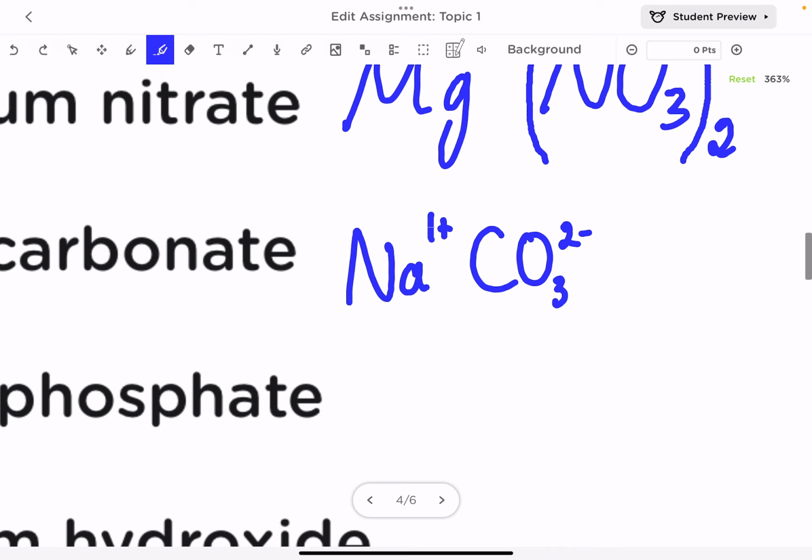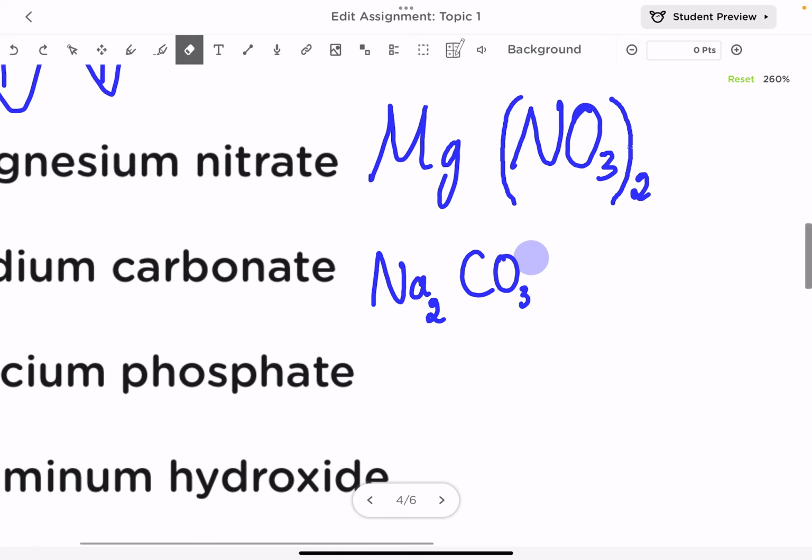All you need to do is take this 2 and write it down here. Now, since I have here 1, I can ignore it. And finally, my answer will be Na2CO3. You always have to remember not to leave the charges next to the atoms.